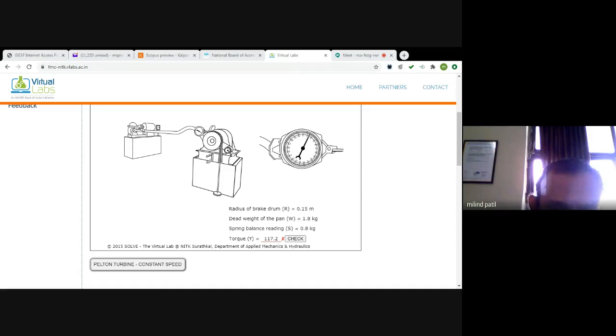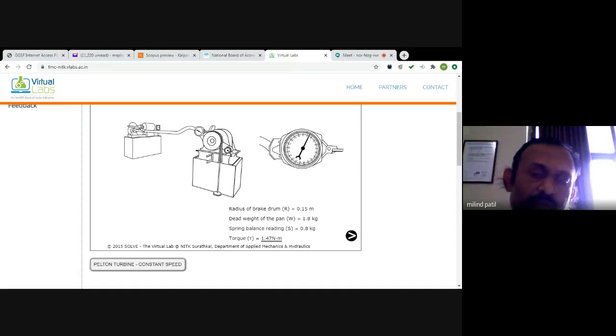It's 1.15. Maybe it's taking a kilonewton meter. So it's taking 1.47 Newton meter.